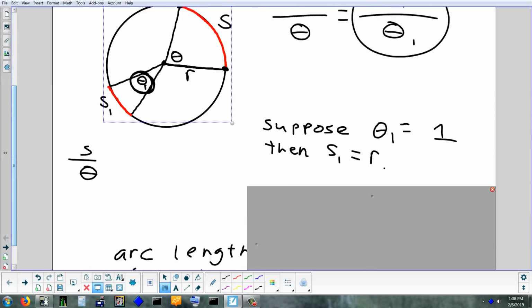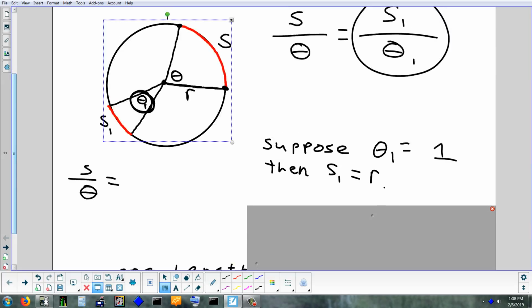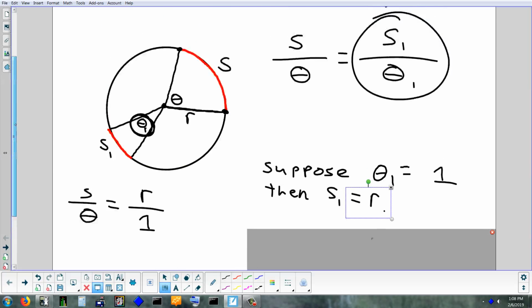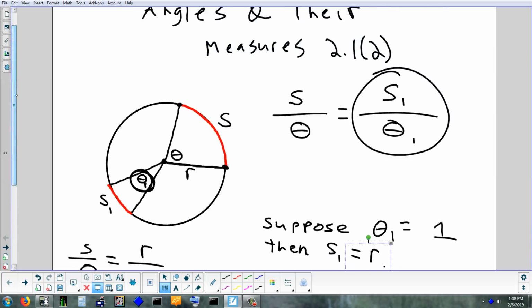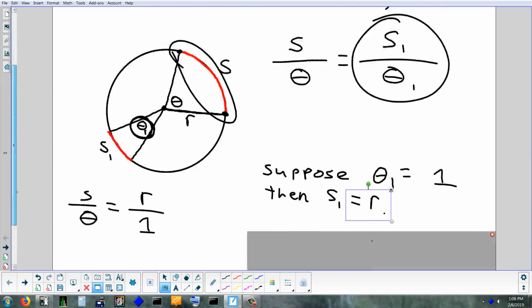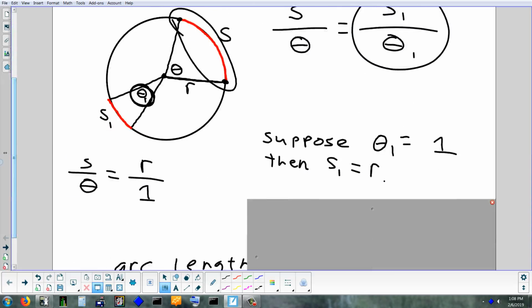So just leave it the way it is. Now, S1 is going to be R, and theta 1 is going to be 1. So remember, the whole goal is to get a formula for the length of an arc. So let's get S by itself.